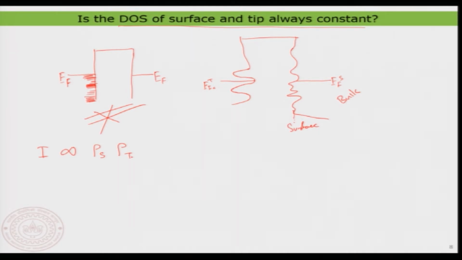Therefore it is quite important to choose a material with a density that is kind of constant. Is there a material like that? If you take noble metals like gold, silver, copper, platinum is not correct, gold, silver, copper, these materials normally have an interesting density of states near the Fermi level.